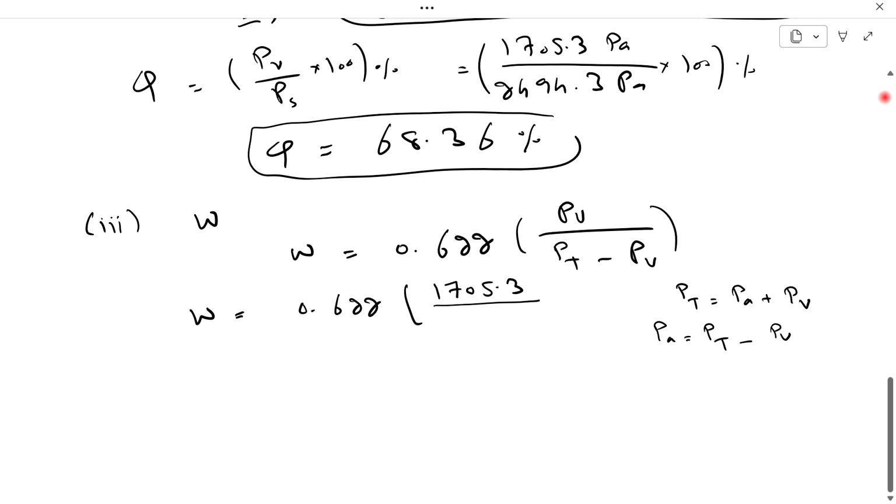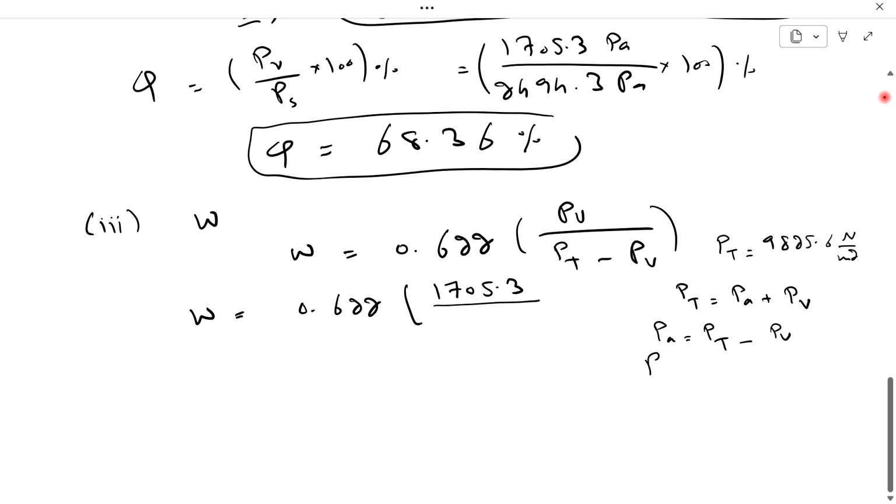The total pressure P1 is given to us in the given data, which is 9825.6 Pascal or Newton per square meter.